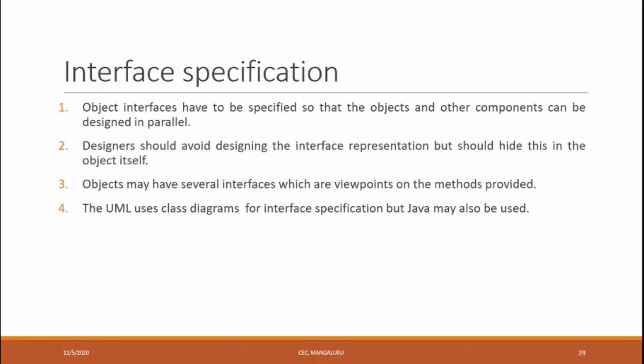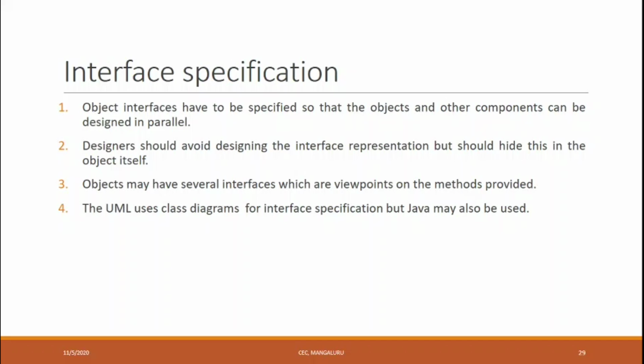Next is the interface specification. Once you design a model, declare an object, and declare the classes, next an interface is required. Interfaces are required between the objects, between the models, and between the subsystems.